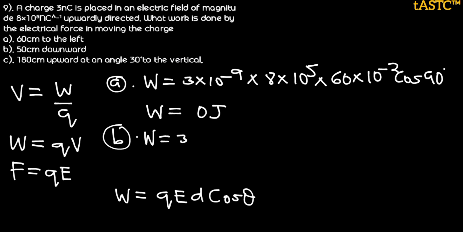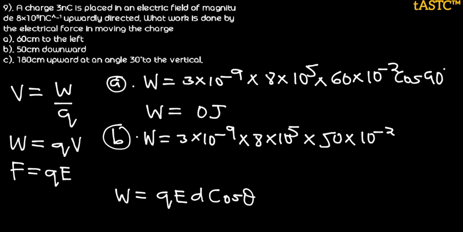So this is going to be 3 multiplied by 10 to the power of a negative 9, multiplied by E, which is 8 multiplied by 10 to the power of 5, and multiplied by the distance. The distance in this case is 50, so that is 50 by 10 to the minus 2, because we got 50 cm here. And that will be multiplied by cosine 180.